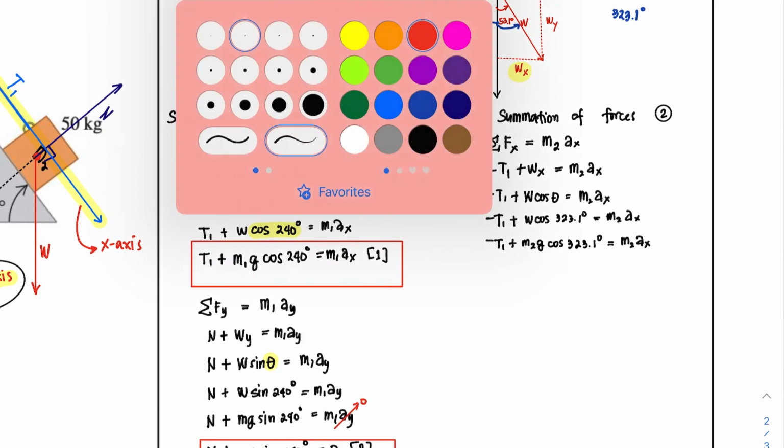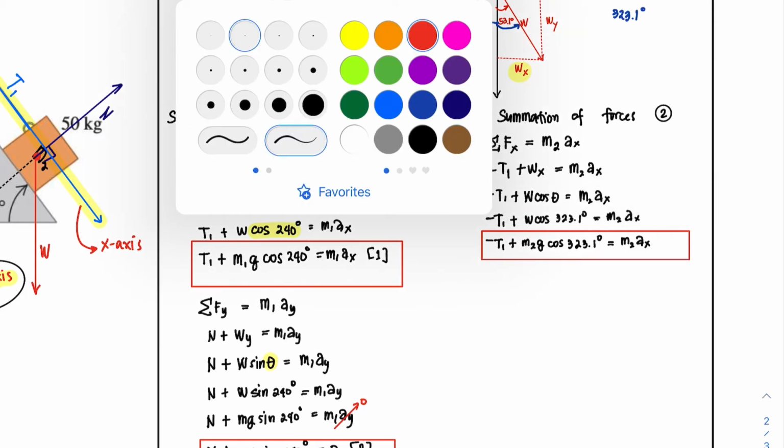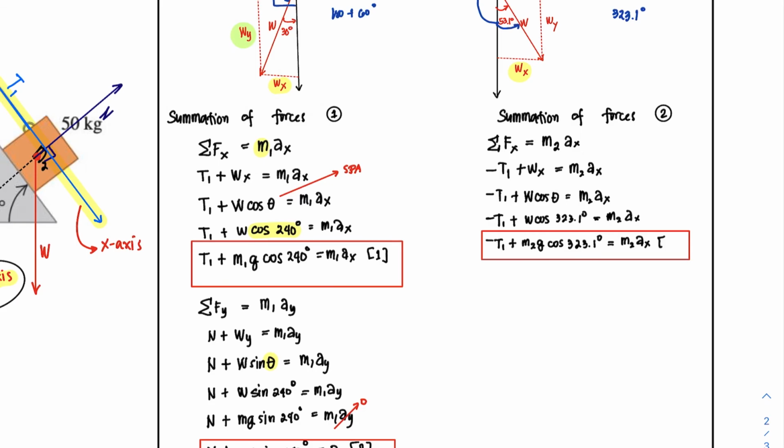So this one over here will be your equation, I think this is your equation 3. Do not forget to label. It will be very helpful later if you name your equation.